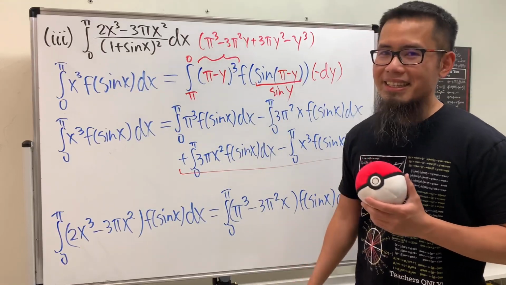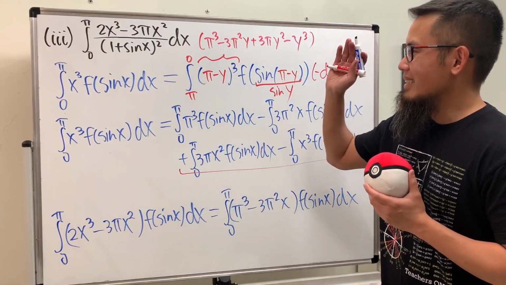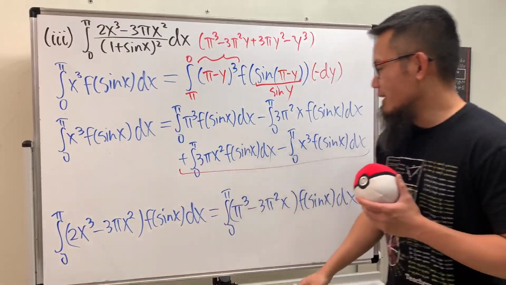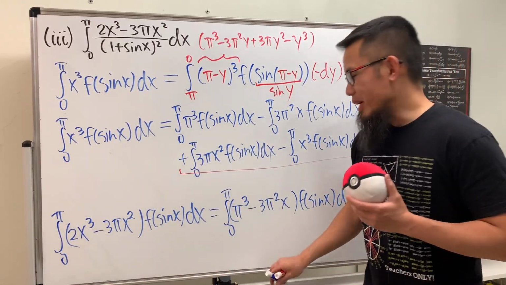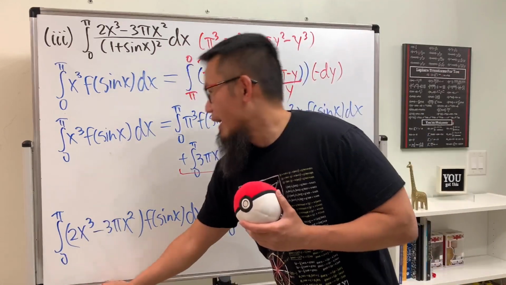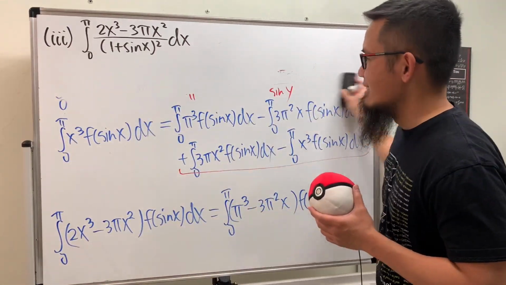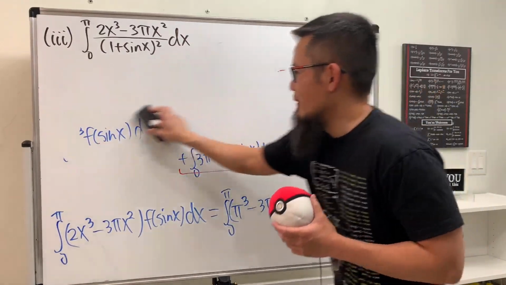So this is the identity for this. Anyway, now I'm going to just erase all this, and hopefully we're actually going to make some progress.